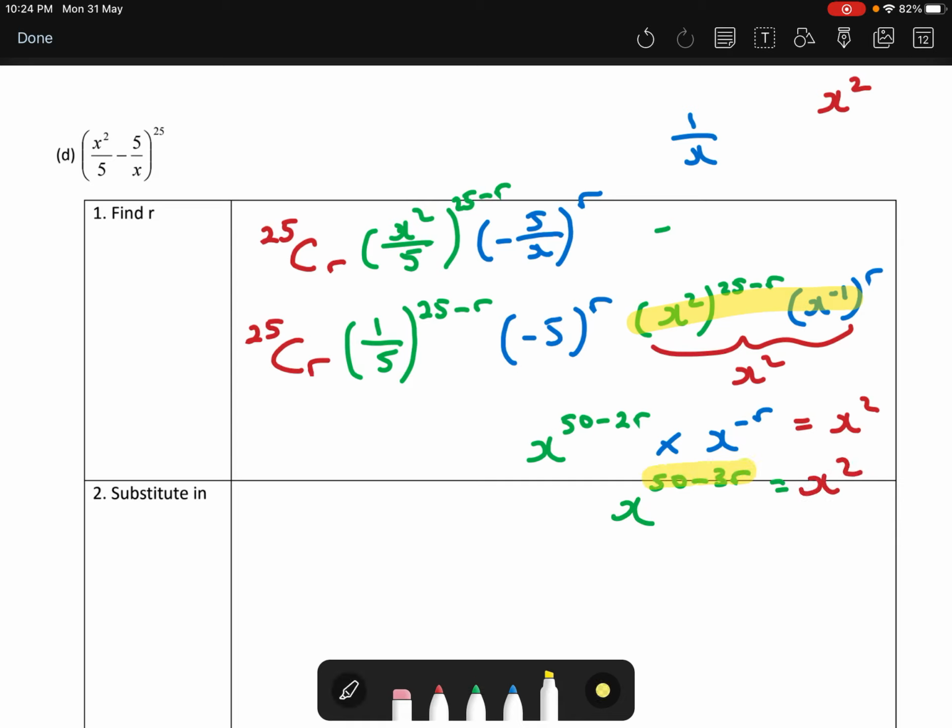So we just equate. This is equal to 2. So 48 equal to 3r. So r is equal to 16. So we need to use 25 choose 16 in order to get my x squared term.